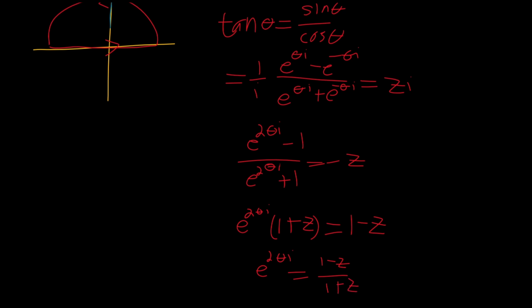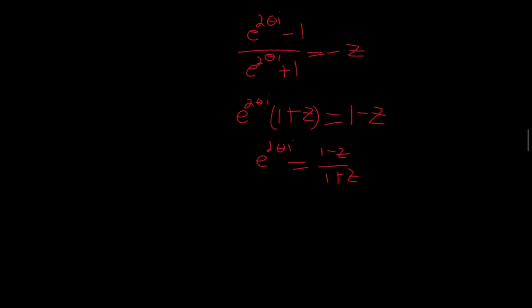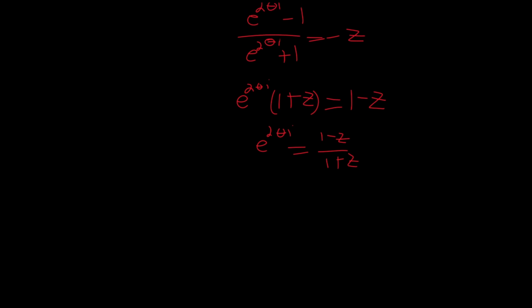And what we can do now is take a logarithm, and this is essentially where the problems start to get a little evident. So what we have is 2 theta i is equal to the natural log of 1 minus z over 1 plus z. And then because this is complex analysis, we're going to add this plus 2 pi i n here, where n is just an integer.